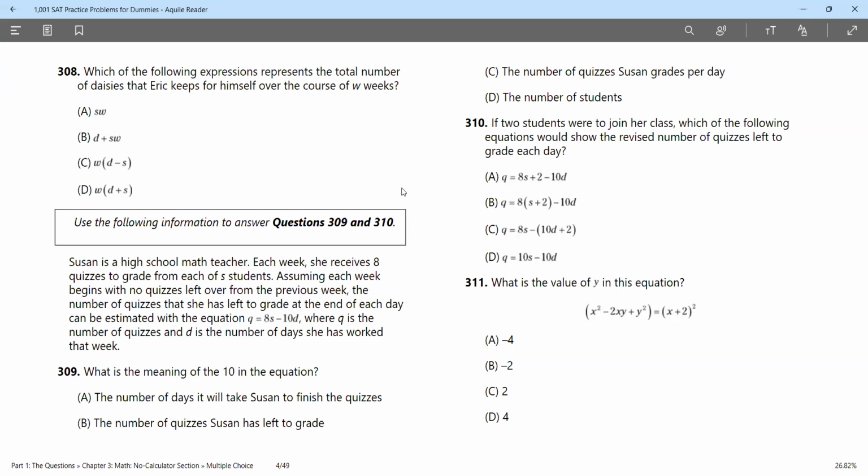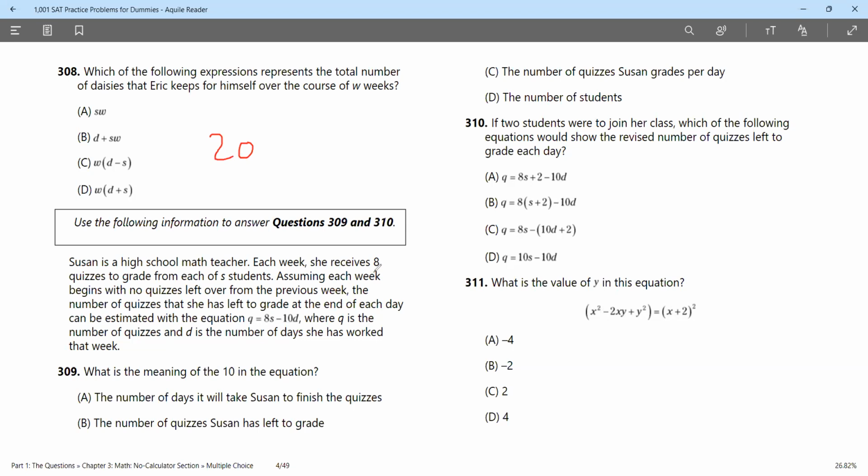So that means Susan receives 8 quizzes from each of the S students. Let's say S is equal to 20 students. Each one gives her 8 quizzes to grade.